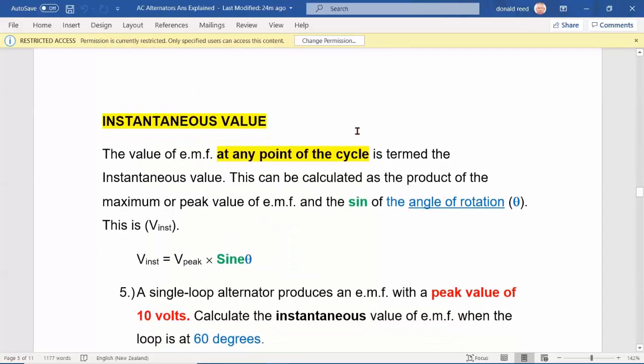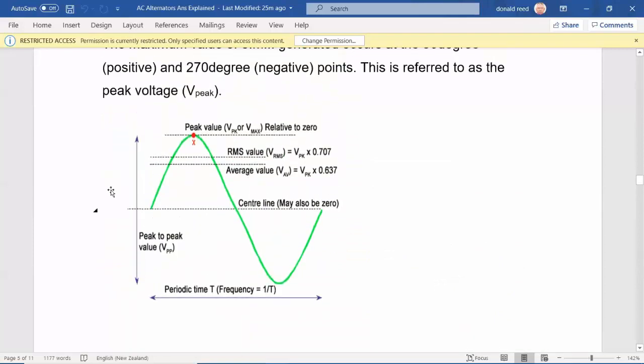Instantaneous value. The value of EMF at any point of the cycle is termed the instantaneous value. So any point. So if I said to you, there it is there, and it's 30 degrees or it's 45 degrees, using the formula, you'll be able to work out the value of the voltage.